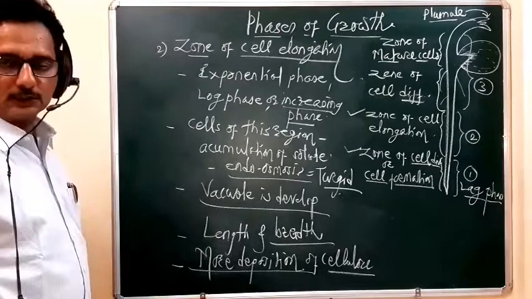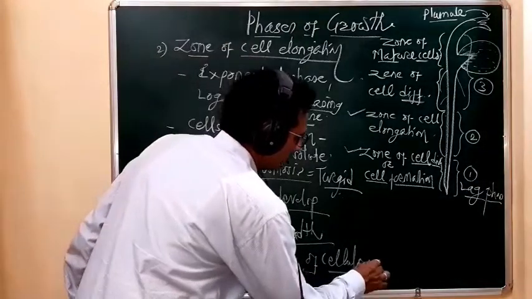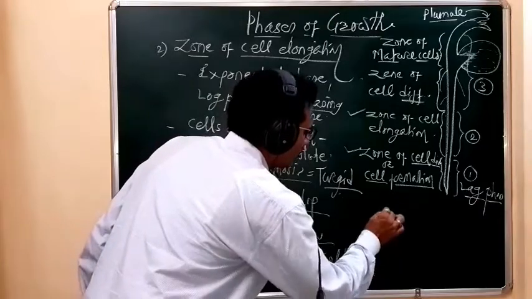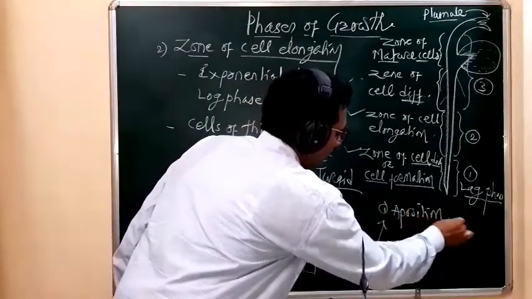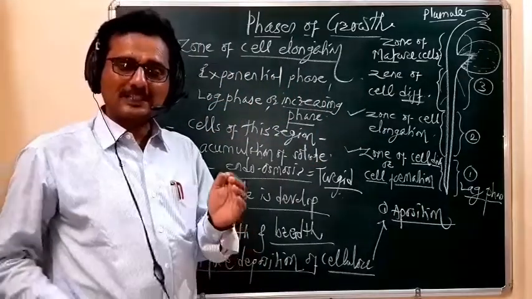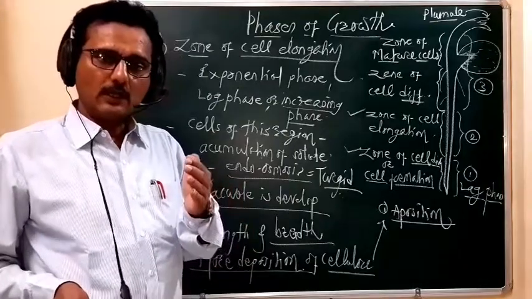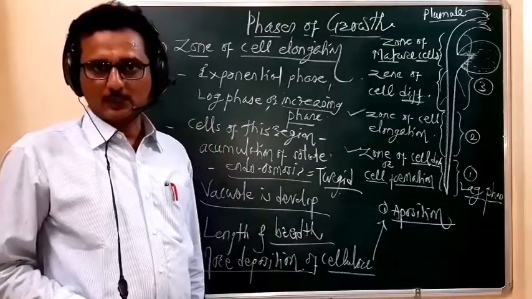Remember, the first process is called apposition. So what is apposition? Apposition means the cellulose is deposited from the inner side of the previous cellulosic cell wall.